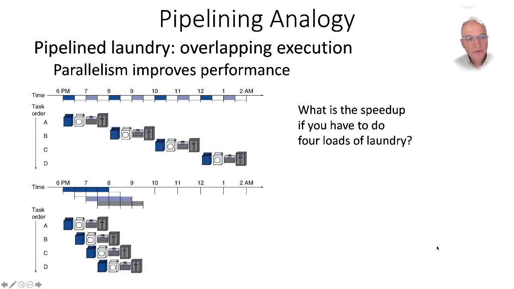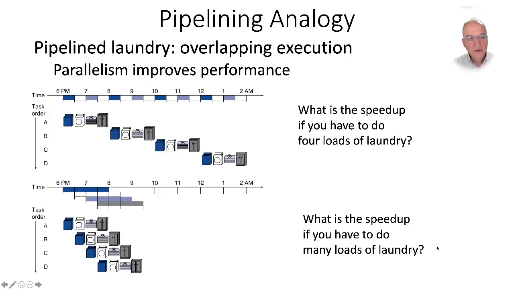So there are 2 things that we want to know. What is the speed up if you have to do 4 loads of laundry, and what's the speed up if you have to do many loads of laundry? Because the pipeline will really pay off when I have many things to do.